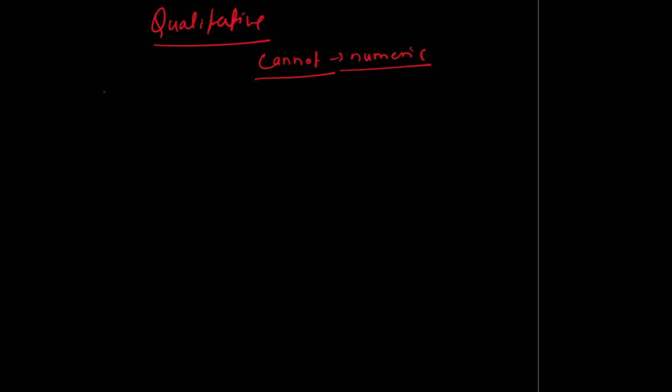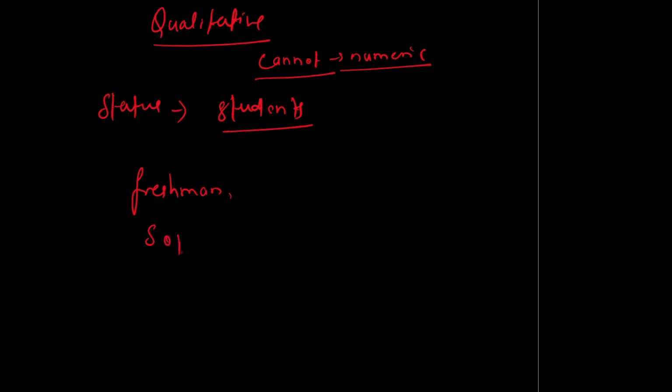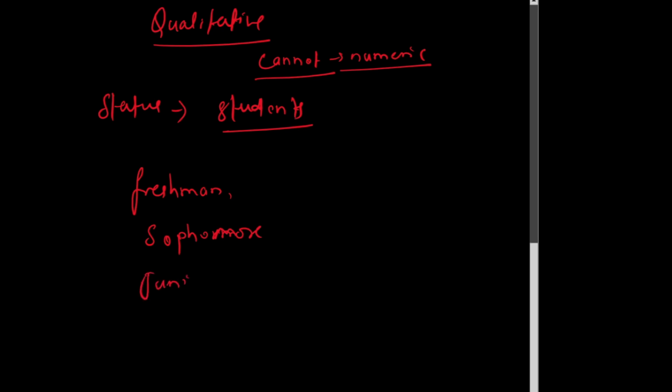For example, suppose we want to know about the status of university graduate students, then we categorize it as freshman, okay, then sophomore, then junior or senior, and so on.